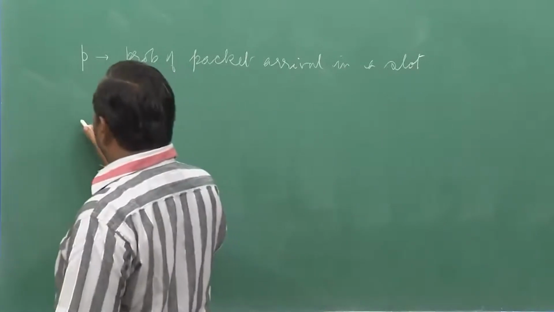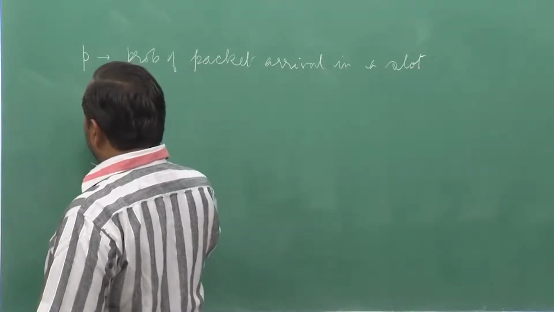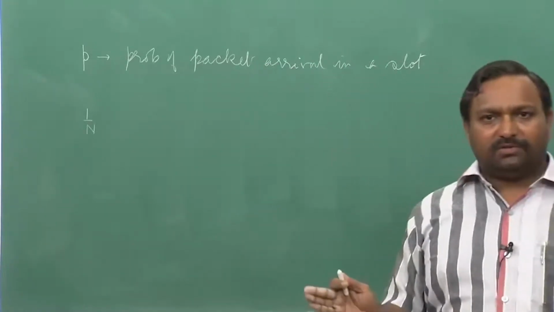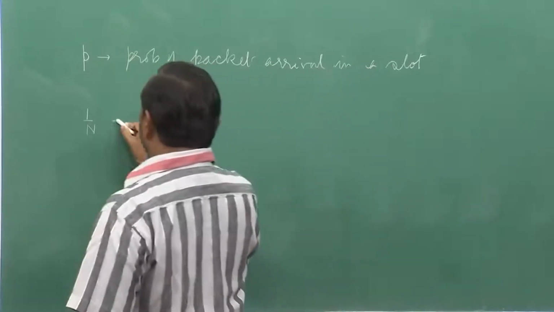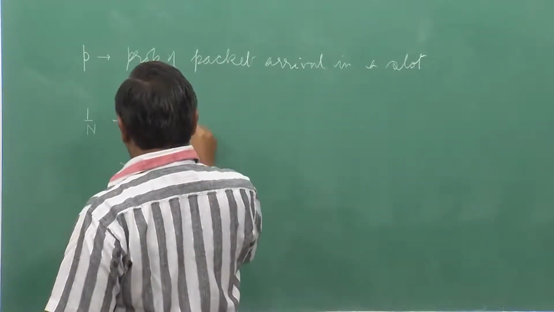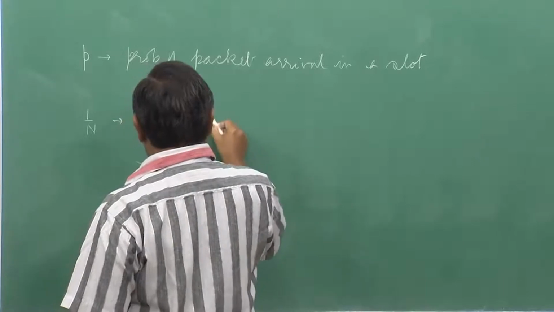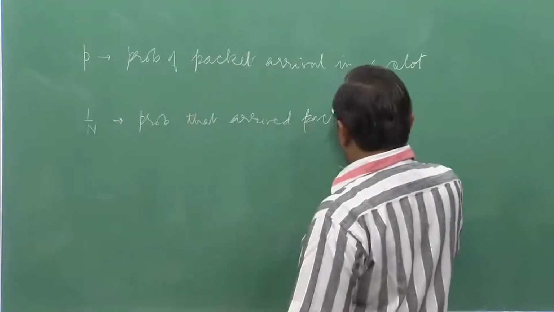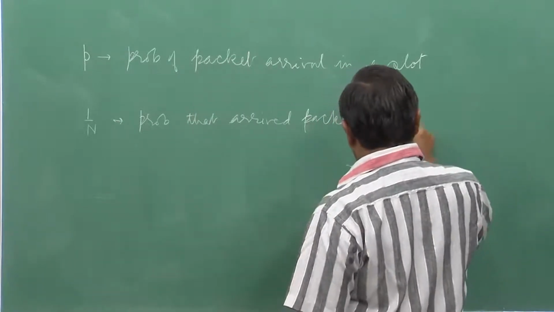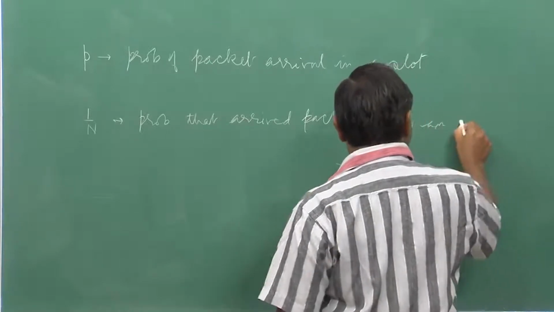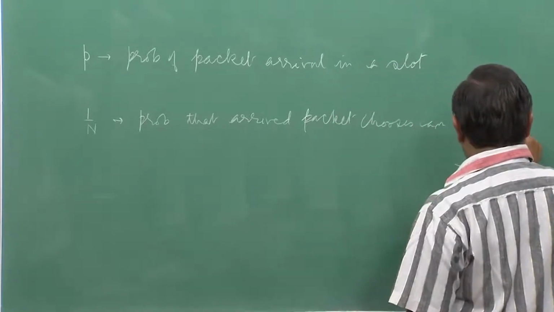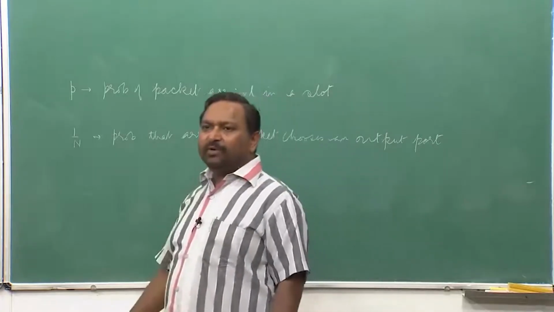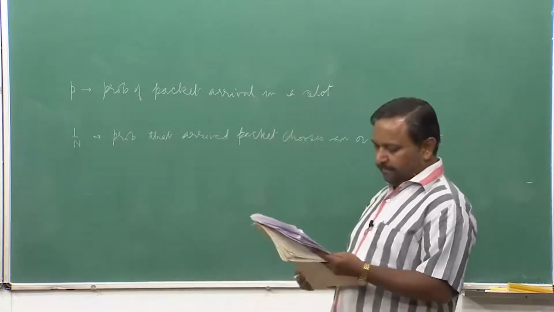Okay. And we are also going to assume when a packet comes at the input, it can be with equal probability directed to any one of the outgoing ports. So the probability it is going to be directed to a port will be 1 by n. So it is basically a uniform traffic condition, that is what we are assuming.